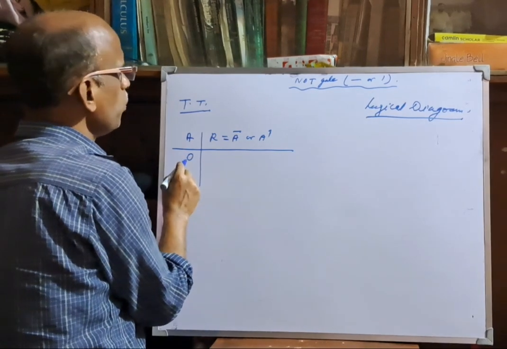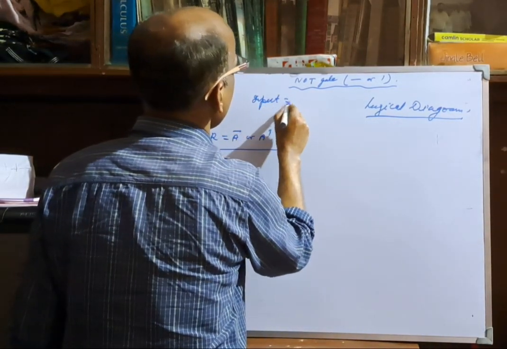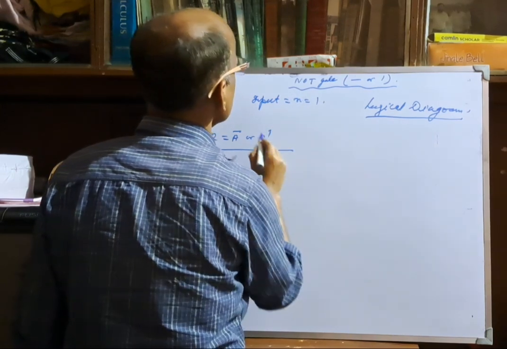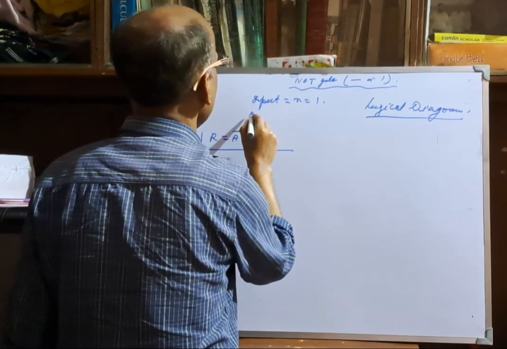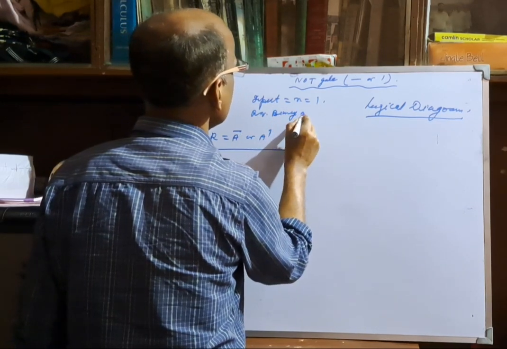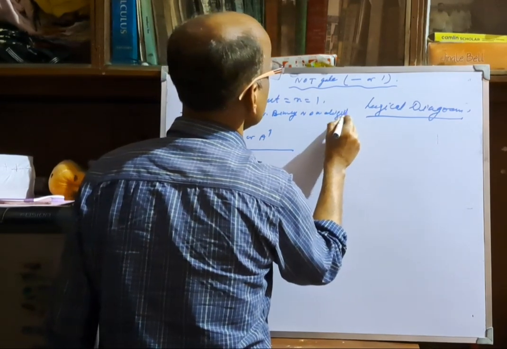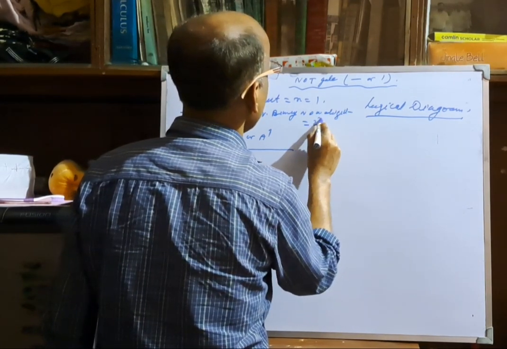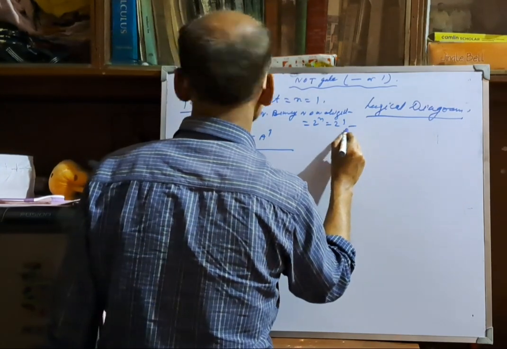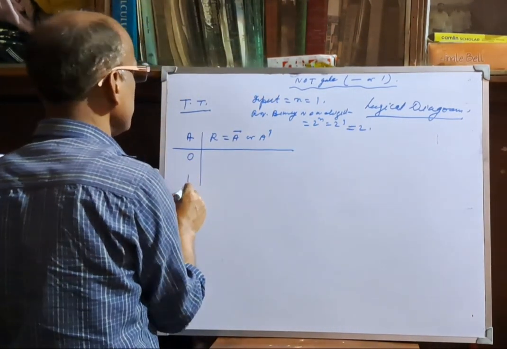Because here the input n is equal to 1, so the required binary digits is 2 to the power n, that is 2 to the power 1, that is equal to 2. Only 2 are required. That is why I have taken 0 and 1.